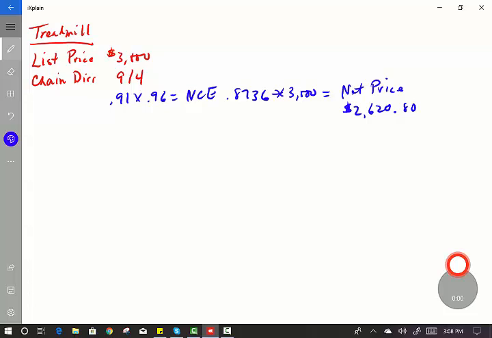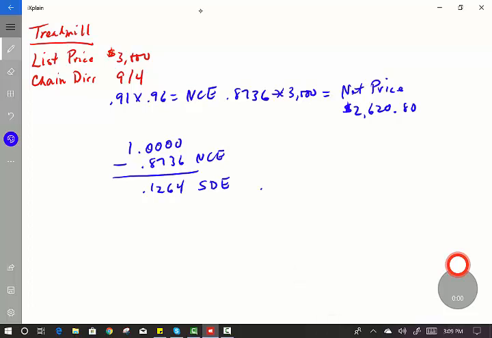It's an easy way to do it, but I'll go ahead and follow their instructions and take the single discount equivalent. To get the single discount equivalent, I take 1 and then subtract the net cost equivalent from 0.8736, which is your net cost equivalent, and then the single discount equivalent, what that actually relates to is 0.1264.